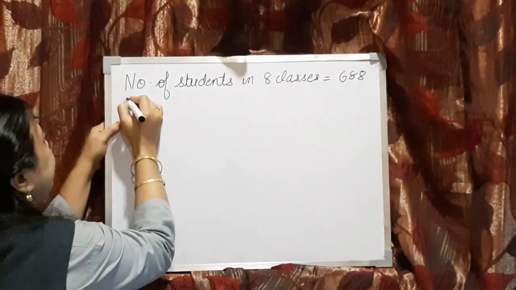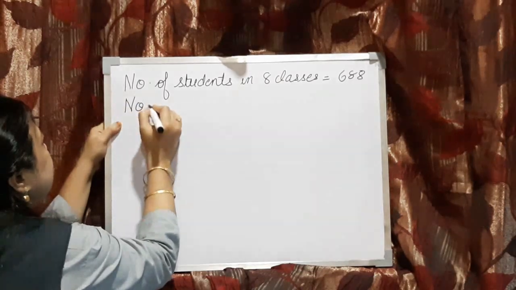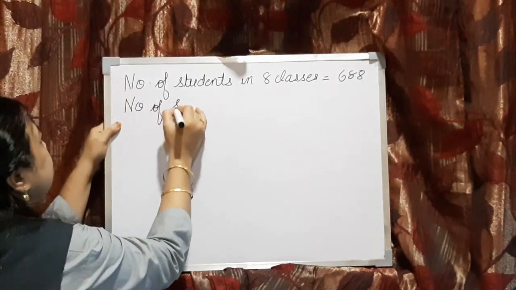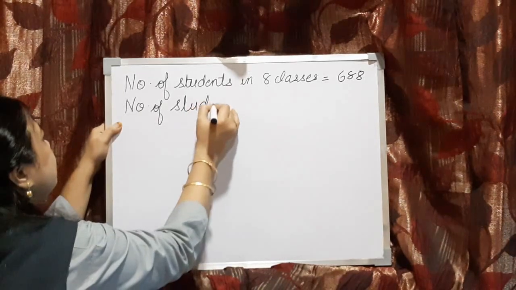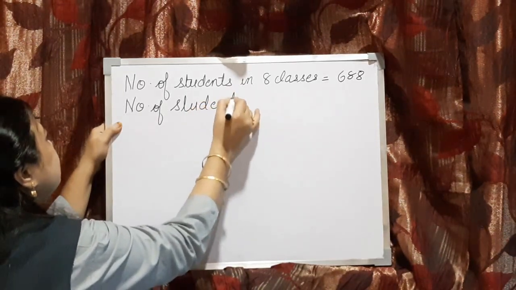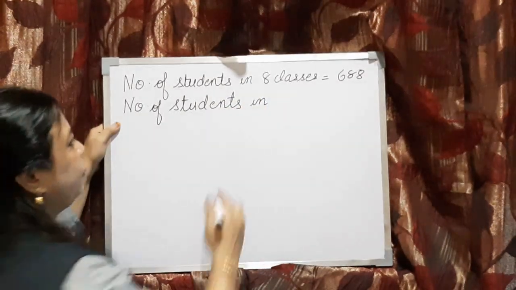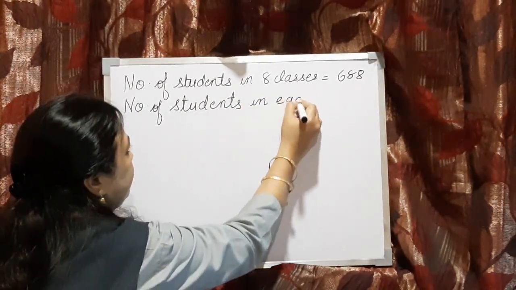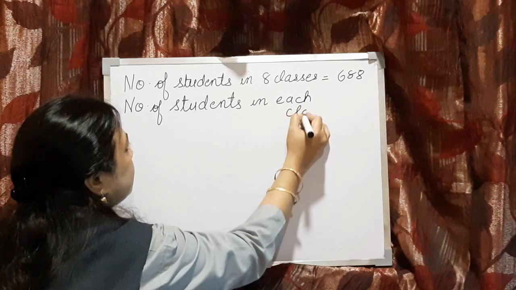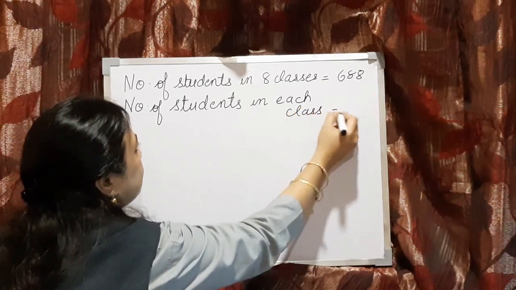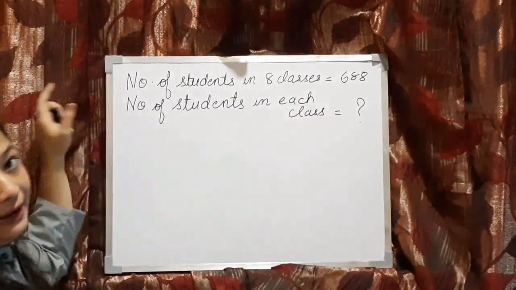So here we will write down number of students in each class, or one class, whatever you want to write, in each class is equal to, that we don't know, we have to find it out.